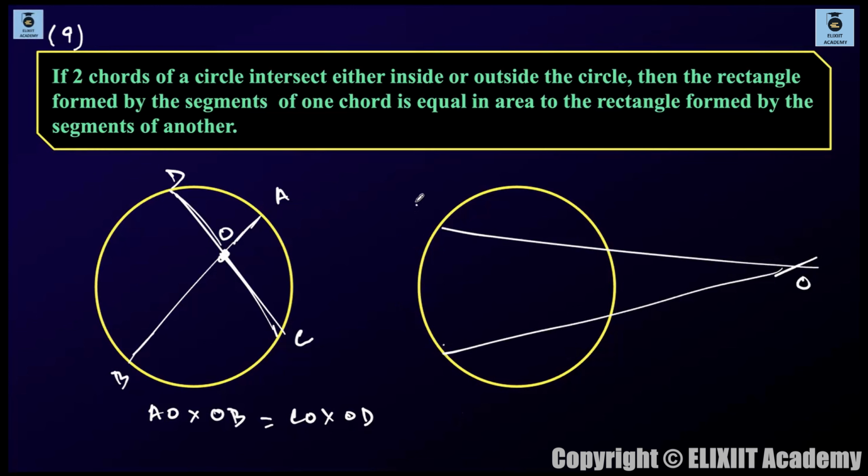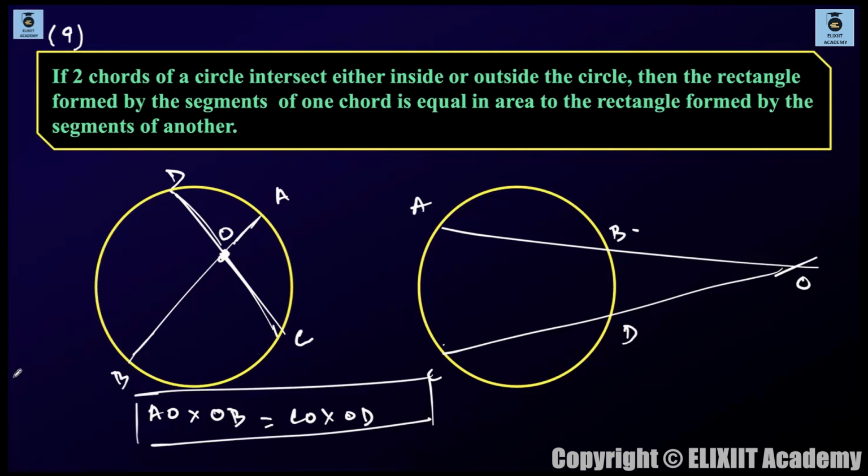So here we have the names ABCD, let's say. Similarly here also, OA times OB. This statement is also valid for this. The same statement will work for the second diagram also. The statement remains the same.